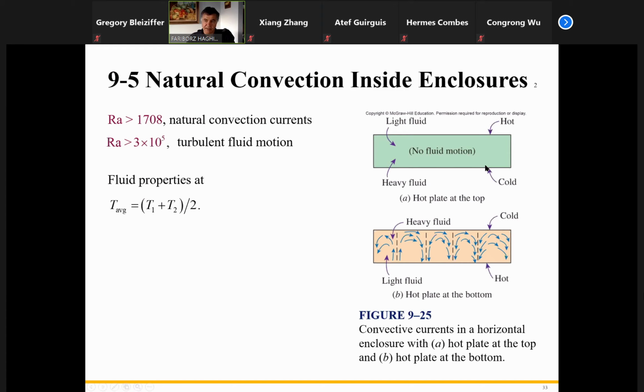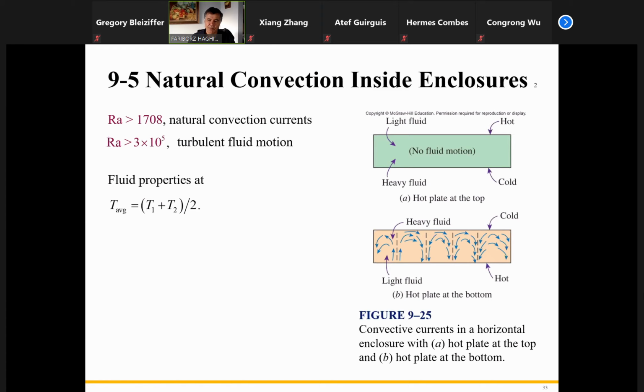All the hot air is going to stay here. All the cold air is going to stay here. There's no movement. There is no motion. This is only pure conduction. Okay? Because all the cold air is sitting down, all the hot air is sitting up there. There is no movement of the air. Okay? Therefore, don't look at this one.